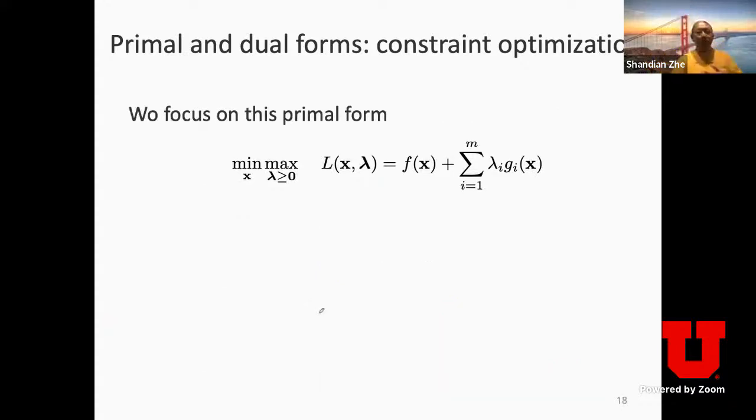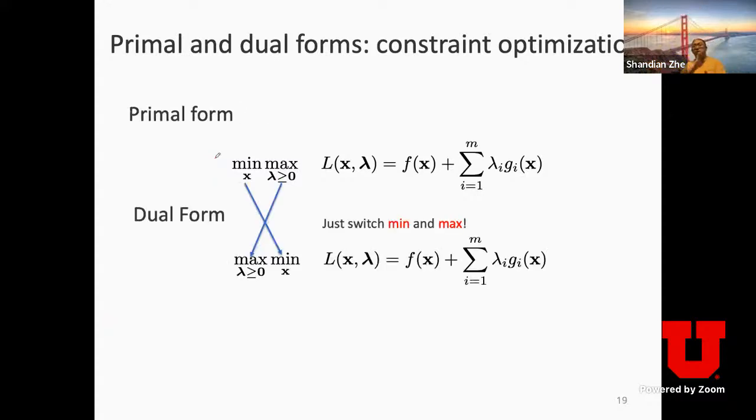Okay, great. Without loss of generality, we're going to use this min-max formulation to represent our primal problem, because the primal problem is equivalent to this min-max optimization problem. Then the next concept is called the dual form. What does it mean for the dual form? We simply switch the order of the optimization.